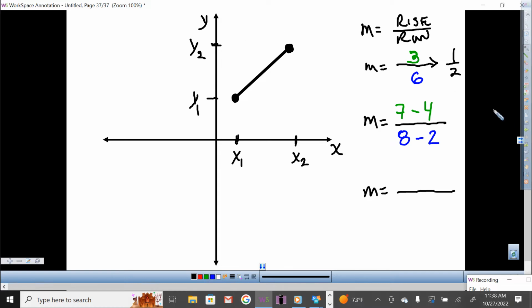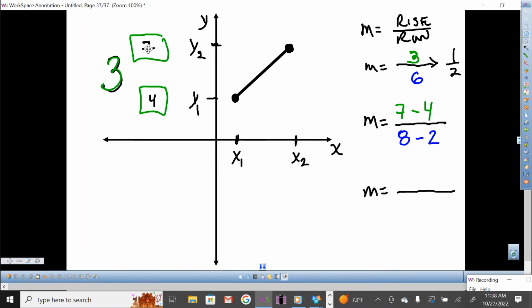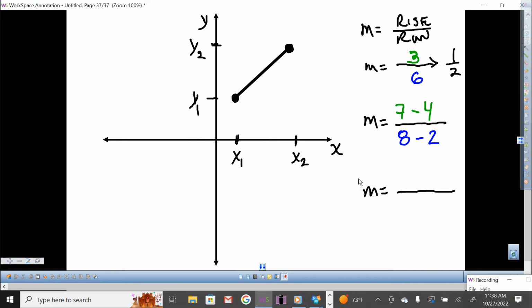So, Valenta, look up. You said earlier that with numbers, you subtracted 7 minus 4 to give us 3. But now I don't have any numbers. What would I write for the rise? Talk it over to your neighbor while Valenta thinks about it. What do I write for the rise?